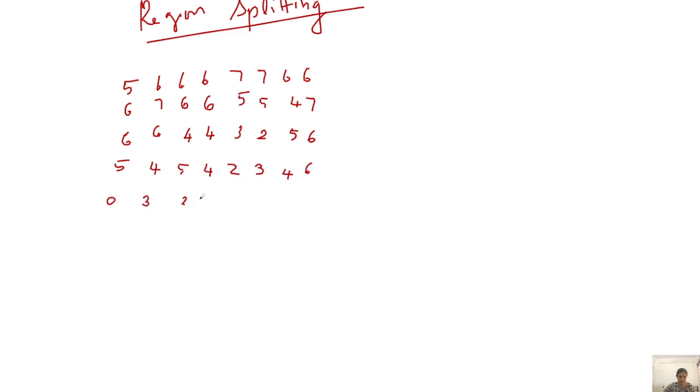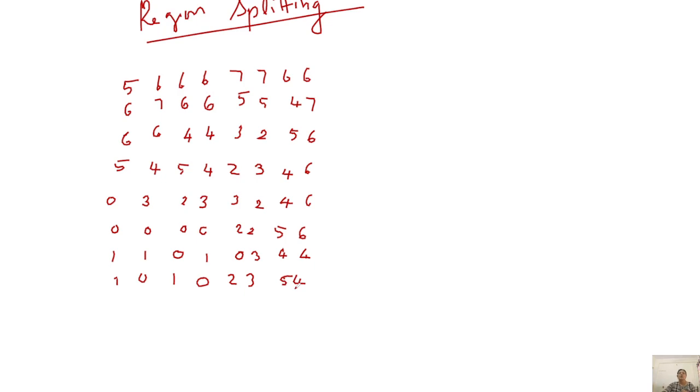3, 2, 3, 3, 2, 0, 0. So the final row is 1, 0, 1, 0, 2, 3, 5, 4.